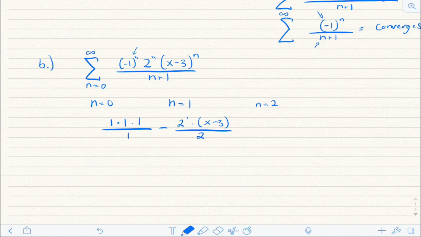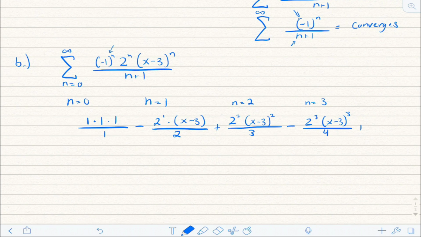So n is equal to 2, and then n is equal to 3. It goes back to positive after the negative, so it's 2 to the second times x minus 3 to the second power over 3, and then minus 2 to the third times x minus 3 to the third over 4, and then dot, dot, dot.